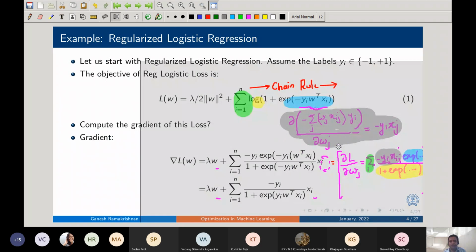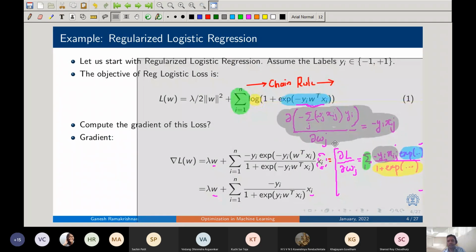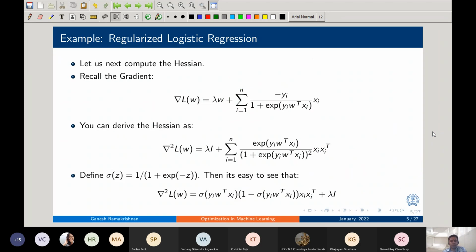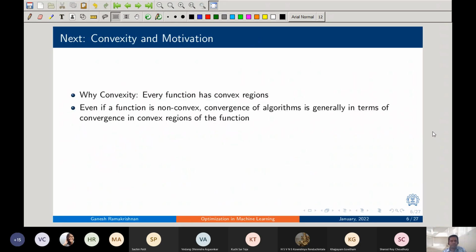We said that for this part we had a chain rule, summation, then there's a log, and I color coded and explained where that log goes in the entire derivation process. So we've done this, and you were asked to make sure these derivations hold. These were samples. So let's go back to convexity and motivation.